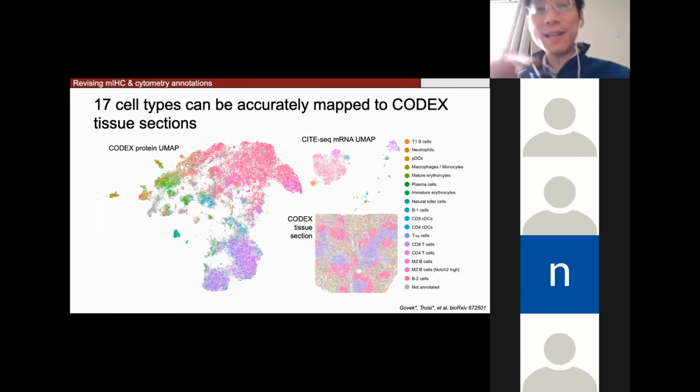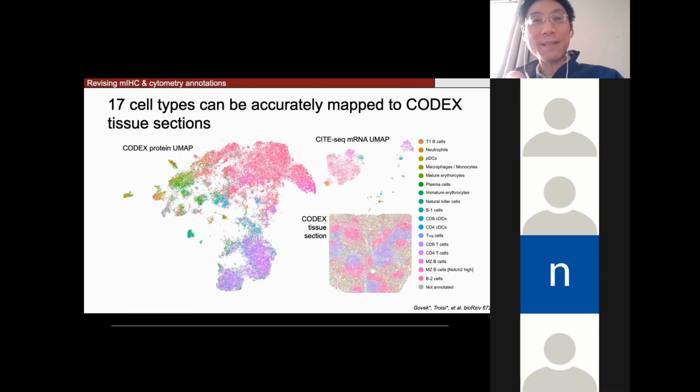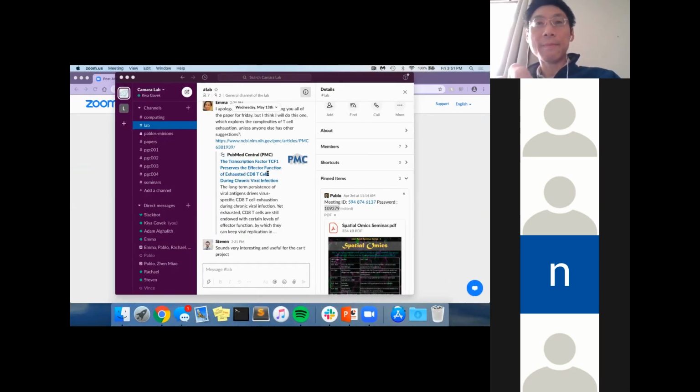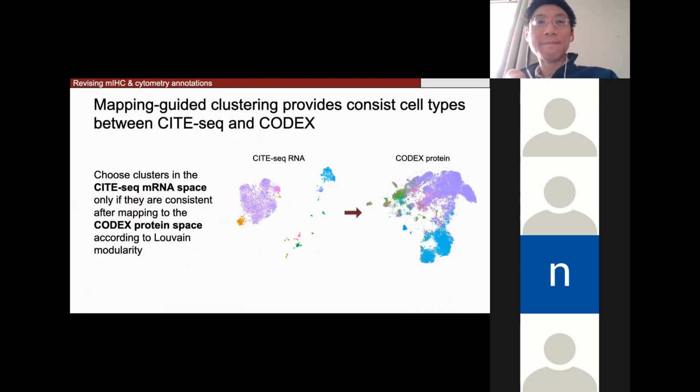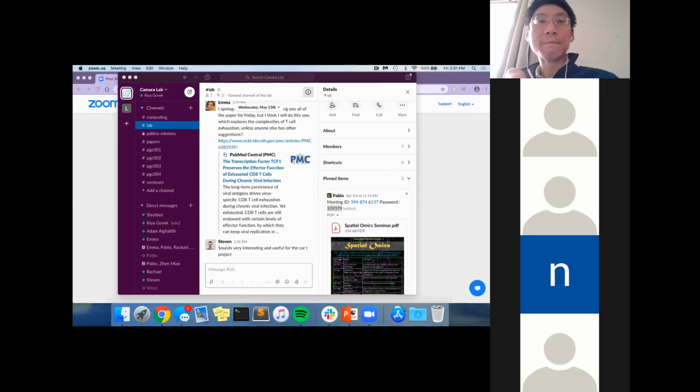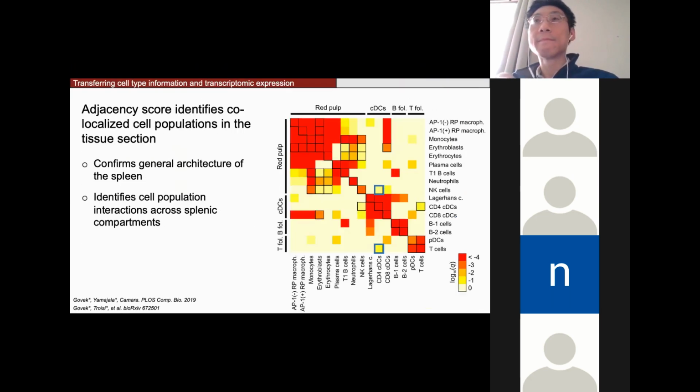Yeah. I think I have one more question in the chat box. To Rong's point, maybe you could divide the Codex data in half. Yeah, I didn't mention this, but that is a great point because we did that.